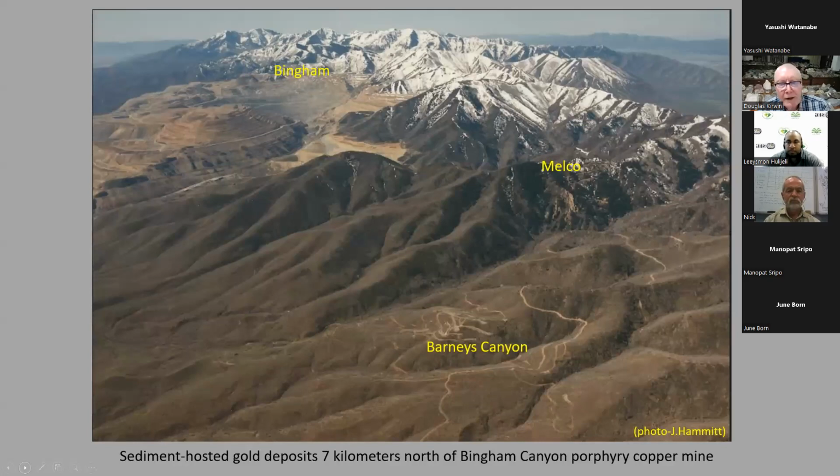If we take a look at this from the air, Malco and Barney's Canyon are about 7 kilometres north of the giant Bingham Canyon porphyry copper deposit, so you can see we have a close spatial association between a giant porphyry copper deposit and distant sediment-hosted gold deposits.